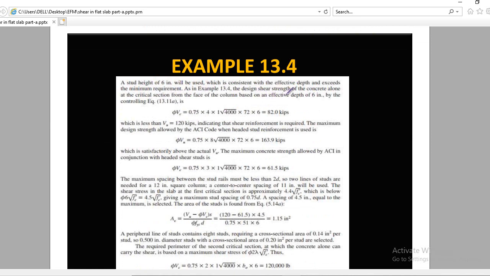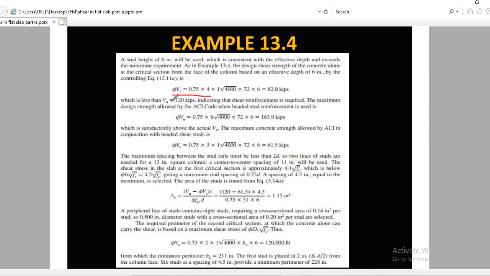The design shear strength of the concrete alone at the critical section will be this one. This is the punching shear capacity without shear reinforcement, remember. Now the Vu, already calculated in the previous example, is 120 kips, indicating that Vu is more than phi Vc. This means shear reinforcement is needed.